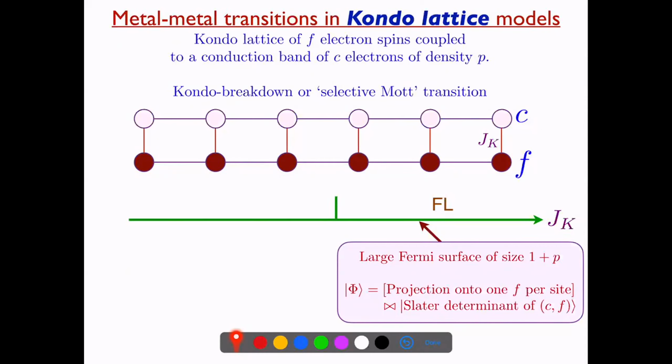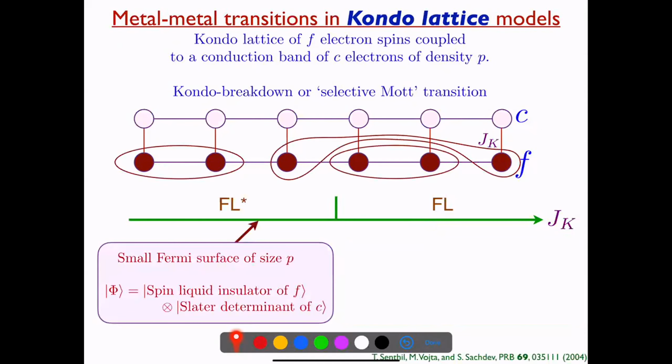However, there's another state that's possible, which is sometimes called FL star. In that state, you do something very different. You really think as if there are two types of electrons: the mobile conduction electrons, and the localized electrons. And what the localized electrons do is form a spin liquid, forming singlets with each other.